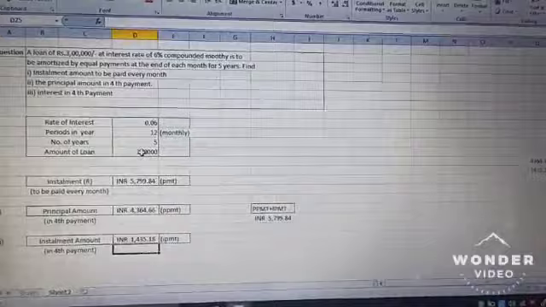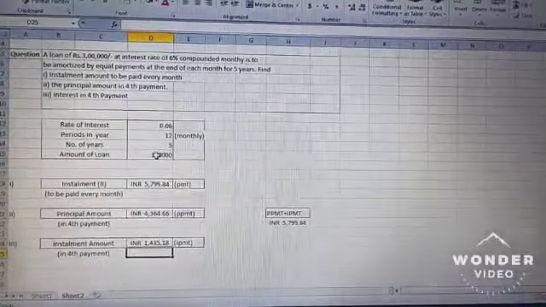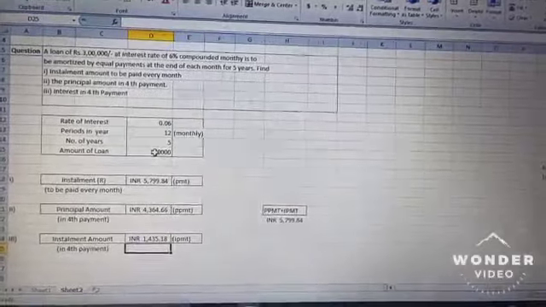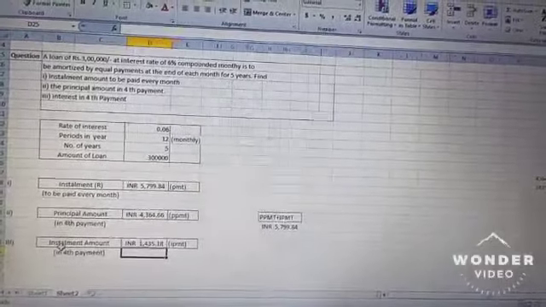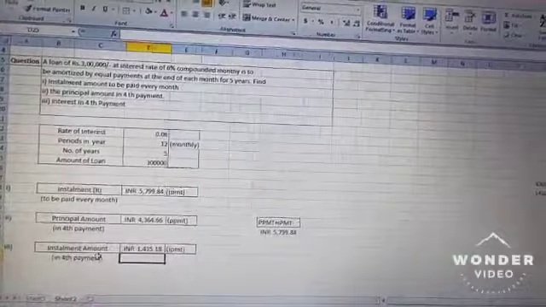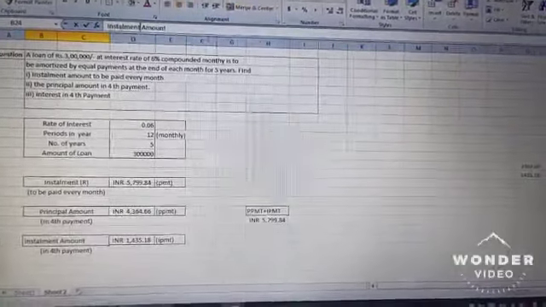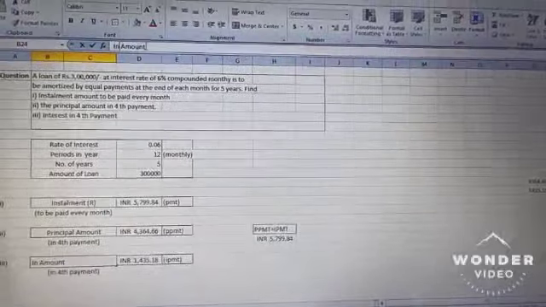Press enter, and our interest amount is 1435.18. So principal amount plus interest amount, this is the interest that we are calculating.